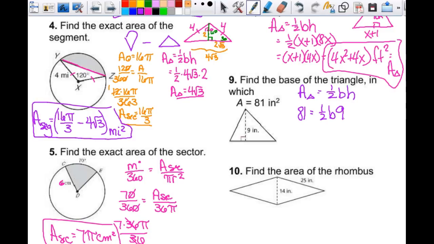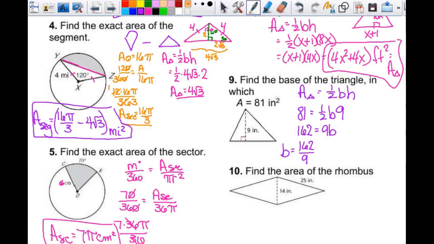I can go ahead and multiply both sides by 2 and get that 81 times 2 is 162, and that's equal to 9 times b, which means then that the base is equal to 162 divided by 9.